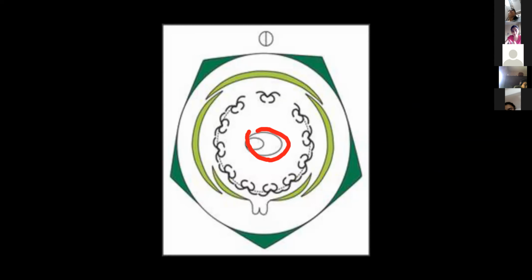Gynoecium, in that, how many carpels are present? From this diagram you can see, and we have learned in pea plants, yes, a single carpel, so we call it a monocarpellary condition, right? Next, monocarpellary condition.